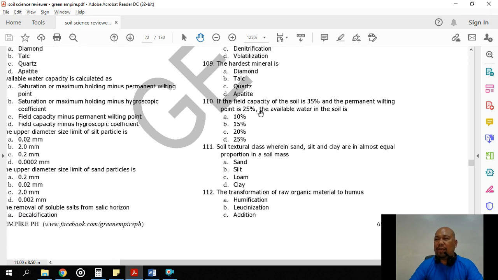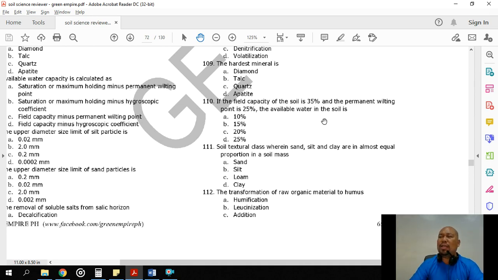110. If the field capacity of the soil is 35% and the permanent wilting point is 25%, the available water in the soil is how much? You just subtract, right? 35 minus 25, that's 10%. This percentage is normally expressed in terms of height or the root zone depth, meaning how deep the plant's roots can reach. So you have 10%, with a root zone depth of, for example, 30 centimeters.